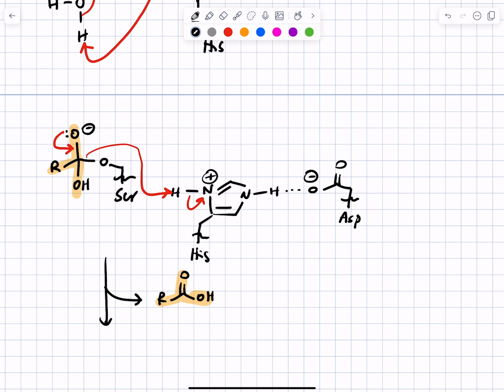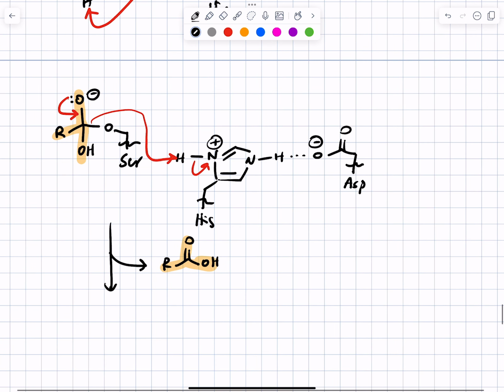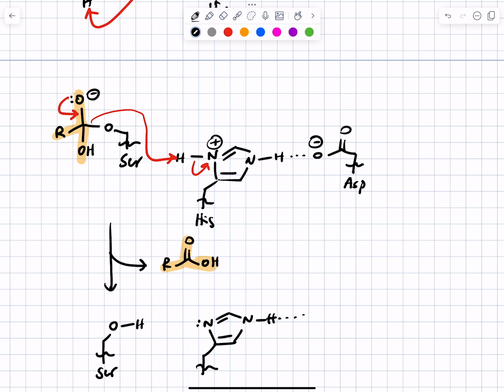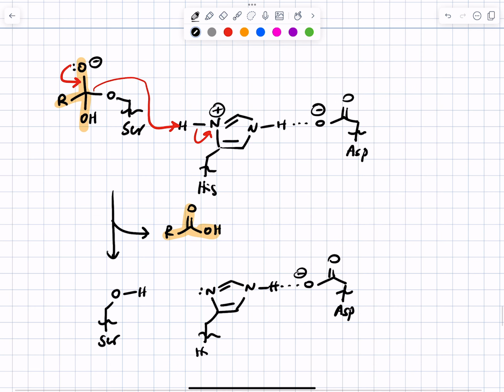And your enzyme is restored to its starting state, where the serine is now liberated, it's neutral, it's ready to go again. The histidine is also neutral, ready to go again, and the aspartate is just in its same spot, hydrogen bonding with the histidine.